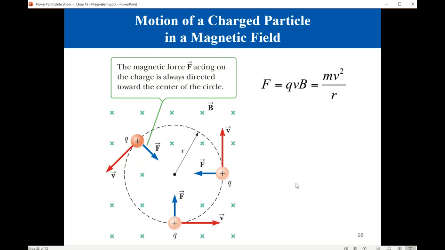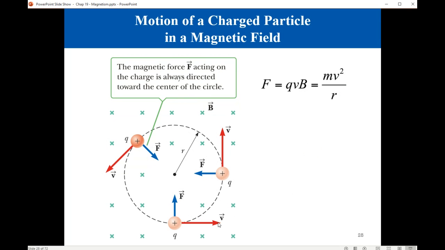Recall that force equals ma from Newton's second law, and for circular motion, a is v squared over r. So we have mv squared over r equals qvB sine theta. In this case, theta is 90 degrees. The direction between v and B is 90 degrees.